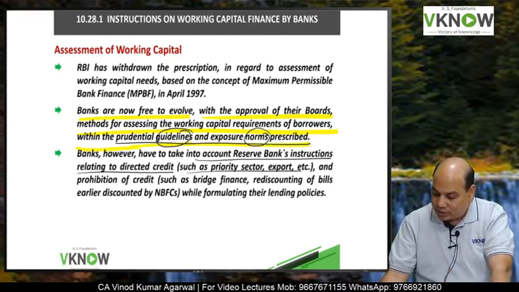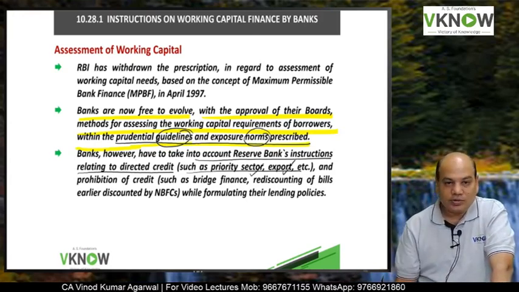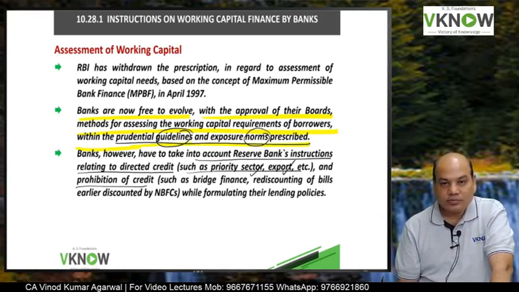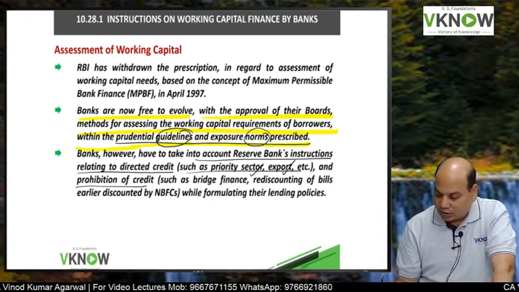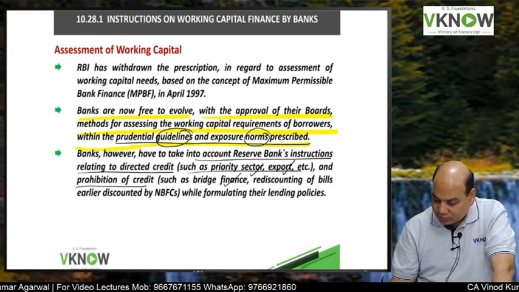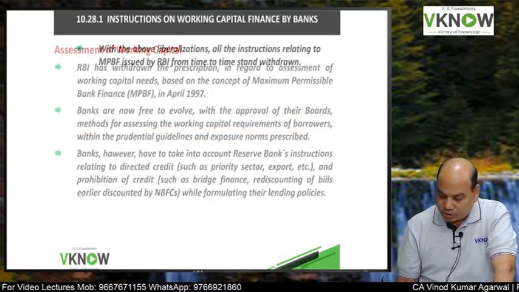Examples of priority sector are export, agriculture, okay, and prohibition of credit. They have also given guideline that you will not give credit to certain sectors, like guideline relating to bridge finance, rediscounting of bills earlier discounted by NBFC while formulating their lending policies.